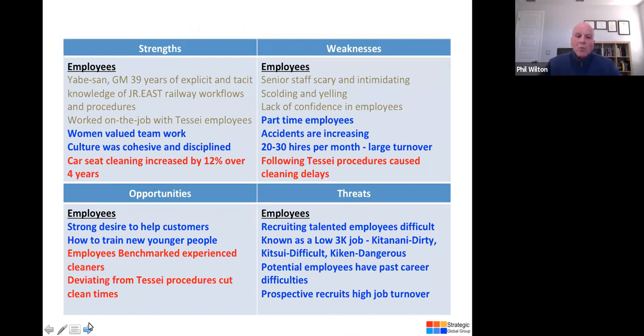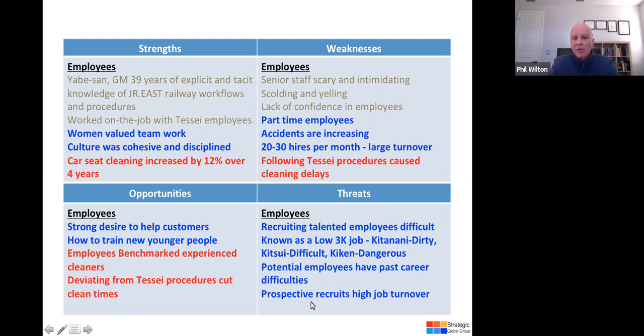This is where, when you start collecting data, you put down your attributes as you're identifying them into each of the relevant boxes. But when you start to look at them, you can see that they're cross-pollinating, and you can get different messages coming for exactly the same attribute, the employees.